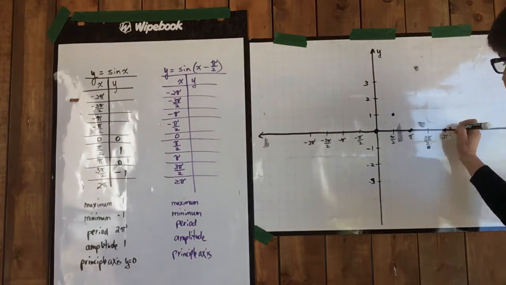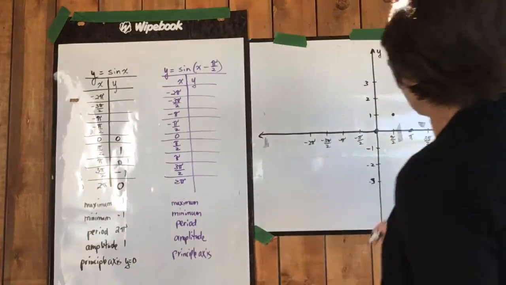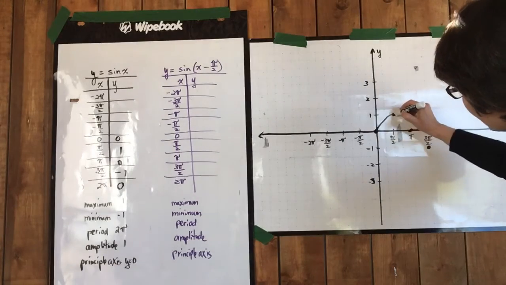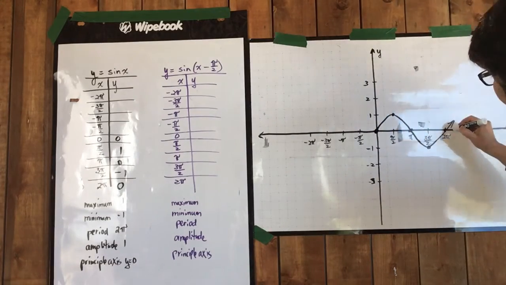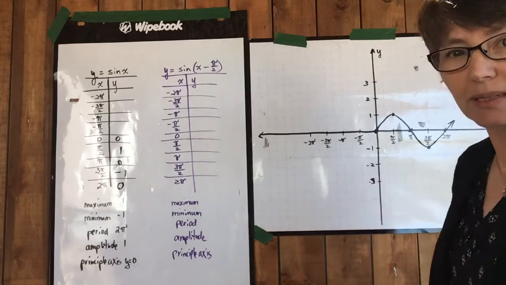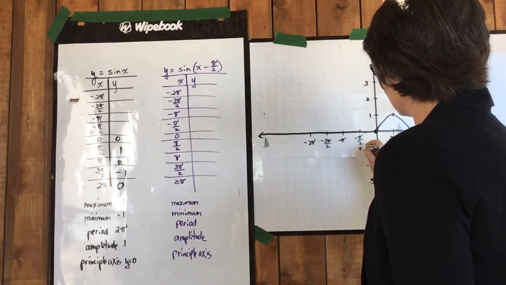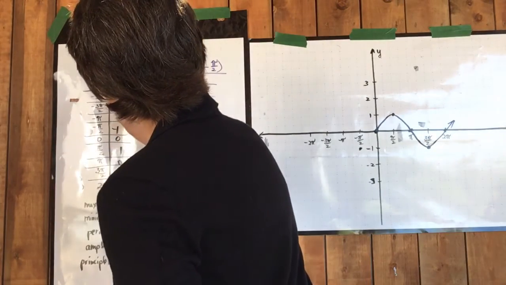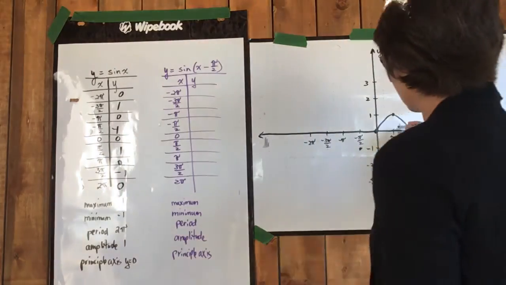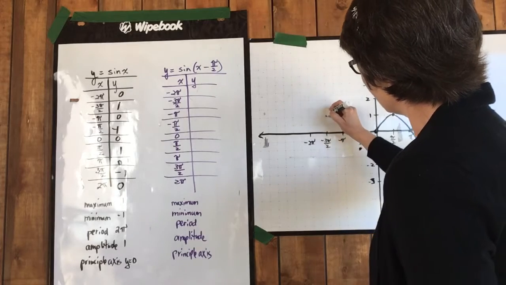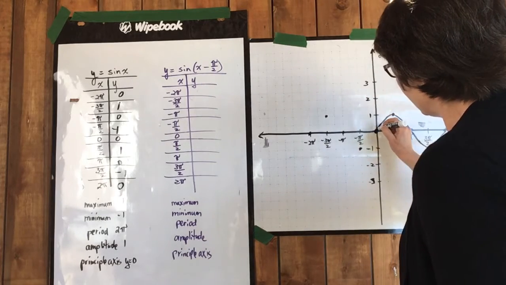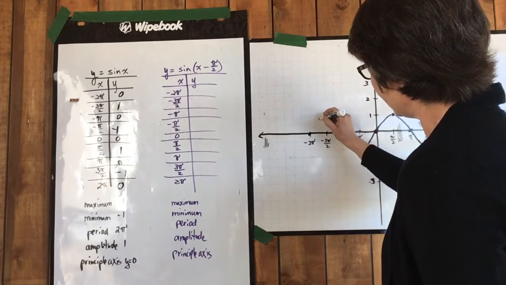Back up to 0 at 2 pi, and then back the other way. The same sort of pattern. I put an arrow on the end there because my domain is not restricted. Over here we go down to -1, and then 0, 1, 0, back that way, 0, 1, 0, and this is the wave.